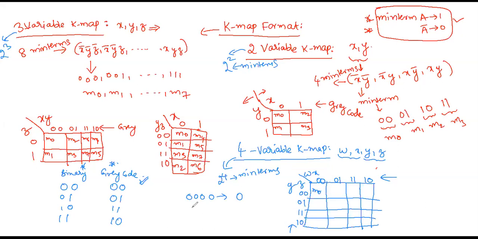Next 0001, nothing but 1. So this is M1. Next 0011, nothing but 3. So this is M3 cell, minterm 3. This is minterm 2. Like this, you have to write to which minterm the square cell belongs.